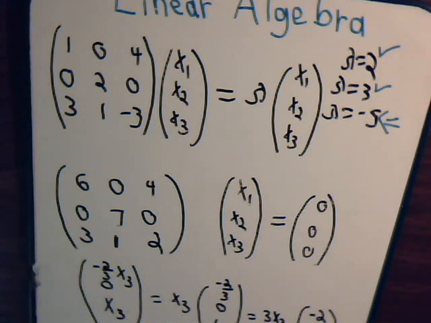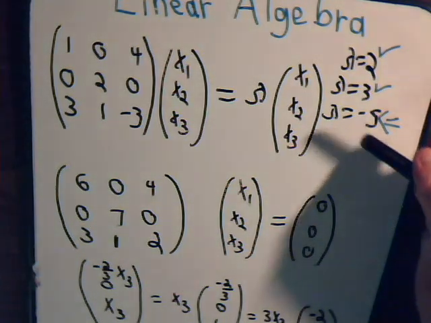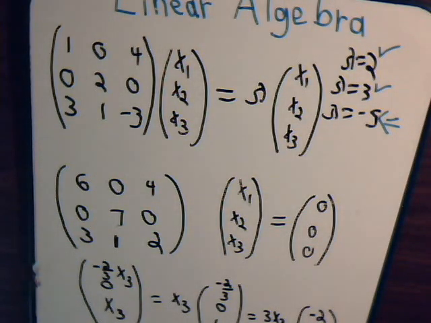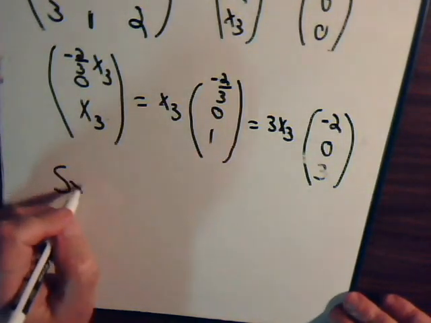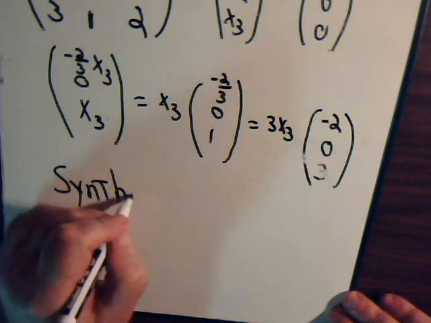Also, for this problem, when we were determining values of lambda, we had a cubic polynomial. We could factor out a 2 minus lambda, so that made it easy to solve. But if you have polynomials that are cubic or higher powers, and you have to factor them to find lambda, that can be rather difficult. But there's a process you can use called synthetic division that makes that a lot easier.